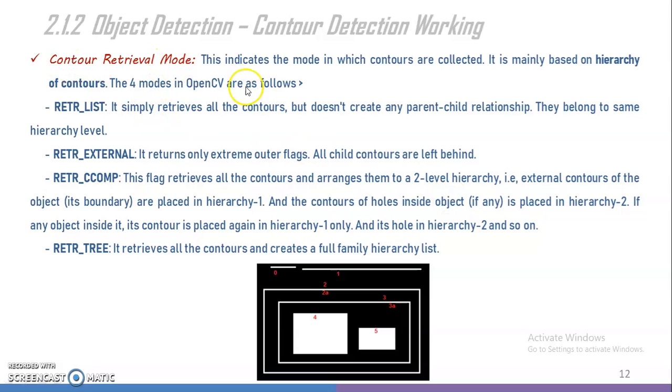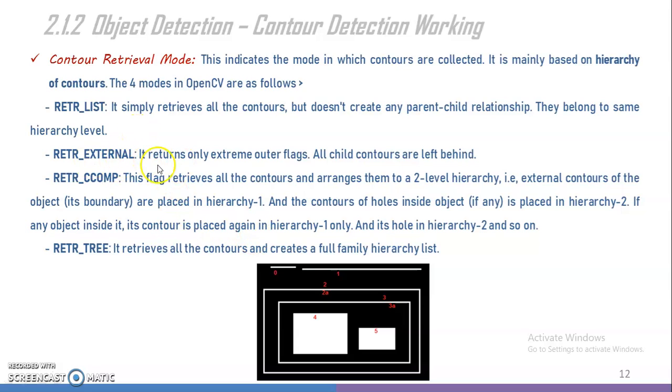Now the contour retrieval methods: here we have List, External, CCOMP and Tree. The List stores the contours in all the levels, 1, 2, 3, 4 and so on, and it doesn't create any parent-child relationship. If a contour comes inside a contour in the list, it will not be taken into consideration like that.